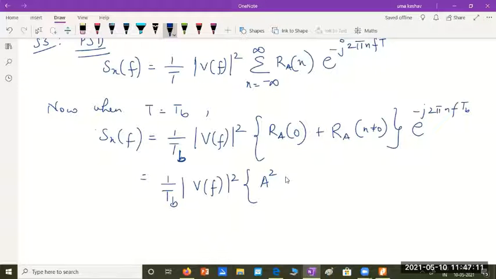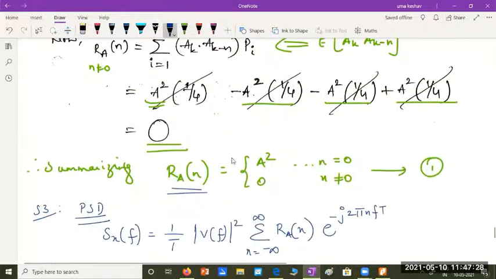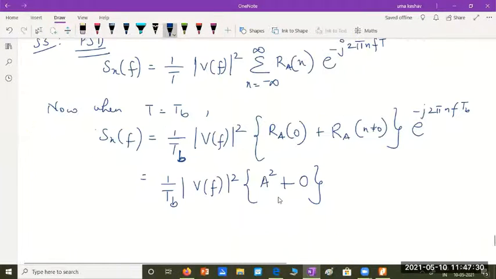Okay. And how much would this be? If this is a square, this would be 0. We have already shown this. It is 0 there.